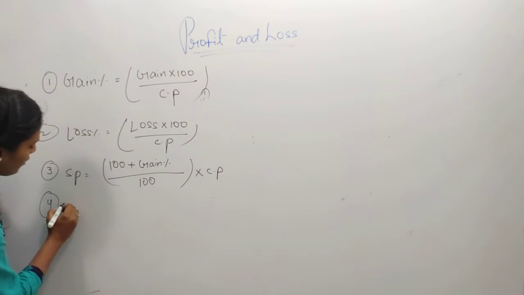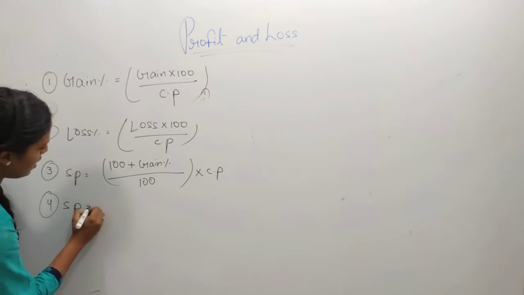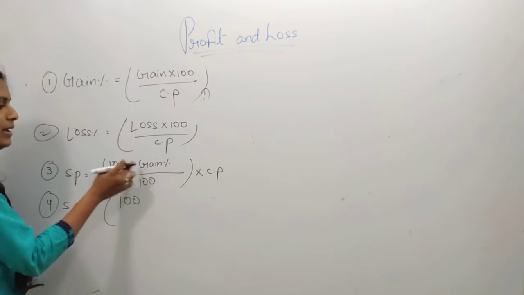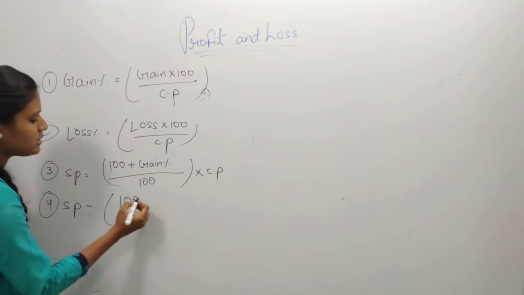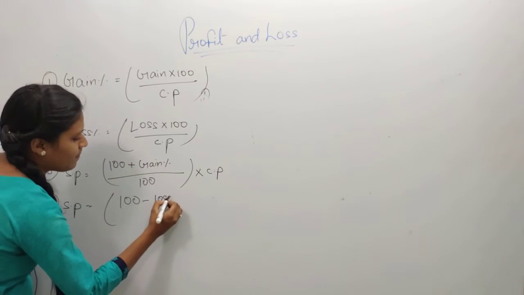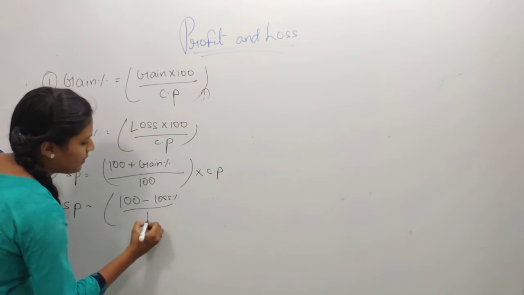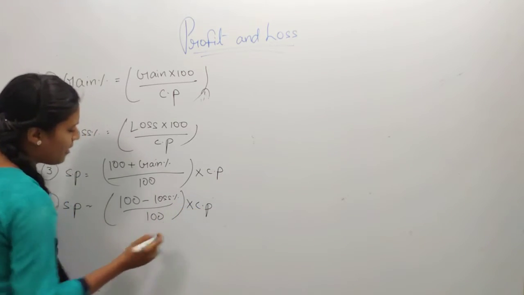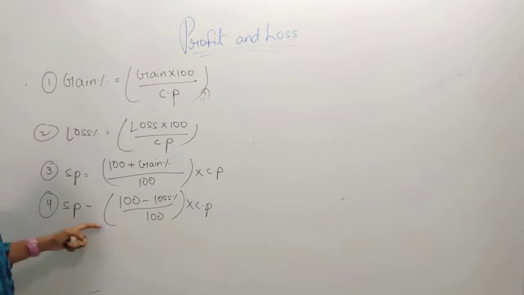Now we'll write loss percent. How much? 100. Gain means we gain some money, so plus will be there. In loss, we lost some money, means minus loss percent by 100 into CP.